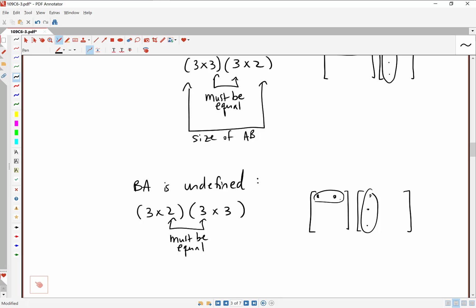So as soon as you see something like that, you go, okay, so I can't do that multiplication. So what we have on the right is a visual explanation of why BA is undefined. And what we have on the left is an algebra explanation of that exact same idea. So when you see the inner numbers not being equal, you can't do your matrix multiplication.